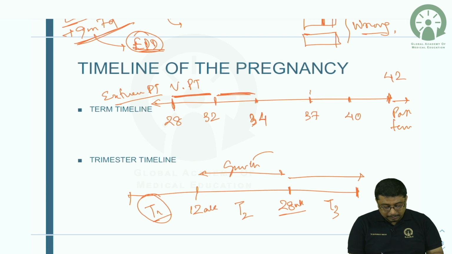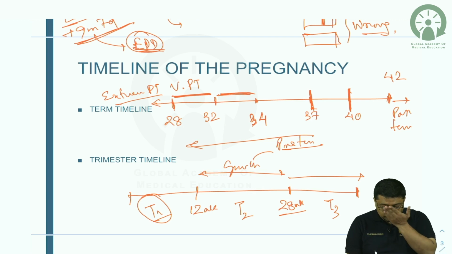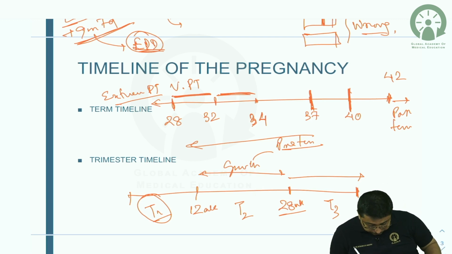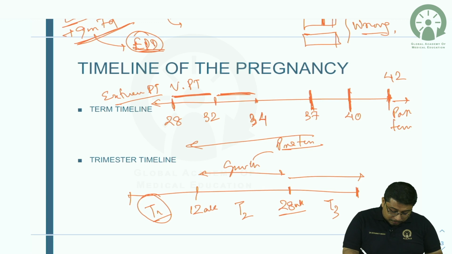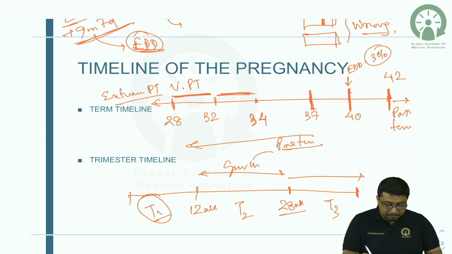Know that anything before 37 is preterm, because 37 to 42 is term. 40 is where the EDD is. Only around 3% of babies are born on the EDD, right?